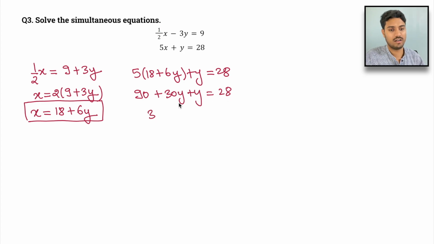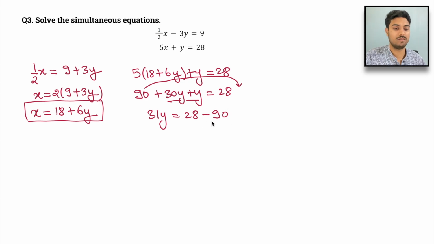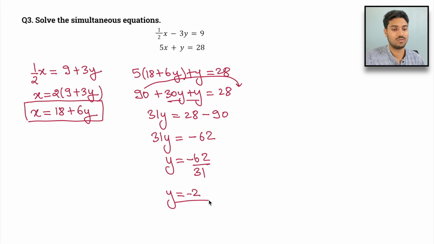So 30y plus y, 31y, equals 28 minus 90. We'll transpose 90 to the other side, hence it will become negative. So 31y equals 28 minus 90, which is negative 62. Hence y equals negative 62 upon 31, which is y equals negative 2.